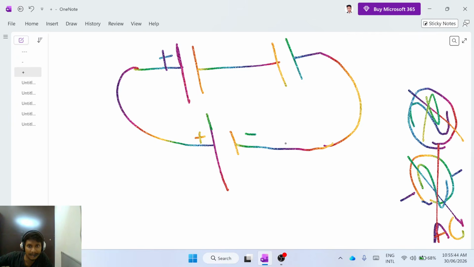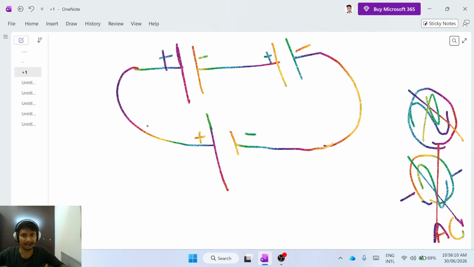This is minus, so the plate we connect by wire to the negative terminal will also be negative. Therefore, if this is a plus plate, the opposite plate is minus, and if minus, the other is plus. Okay, very simple.